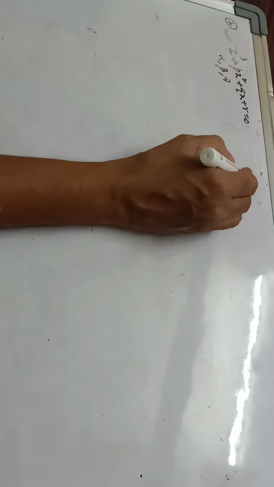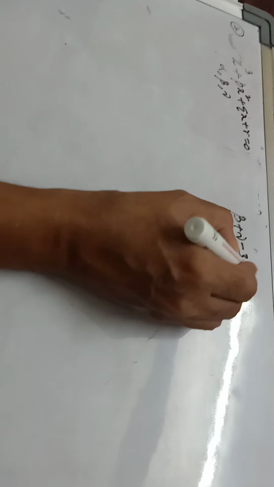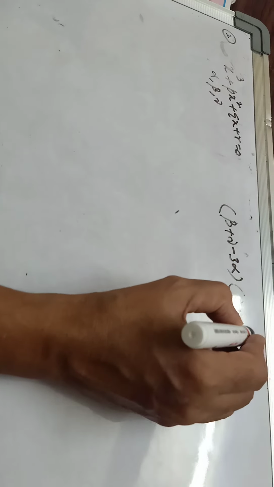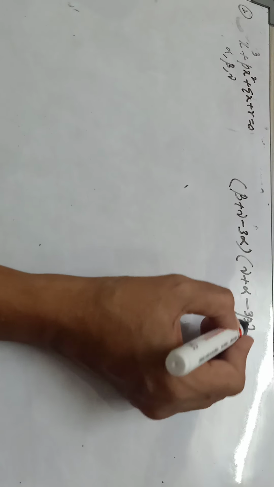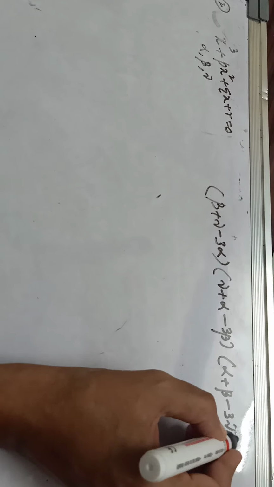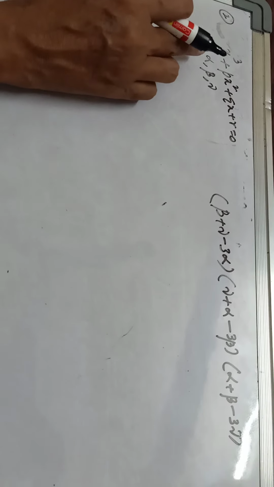Then find the value of (beta plus gamma minus 3 alpha) into (gamma plus alpha minus 3 beta) into (alpha plus beta minus 3 gamma). What is the value of this if these three are the roots of this cubic equation?